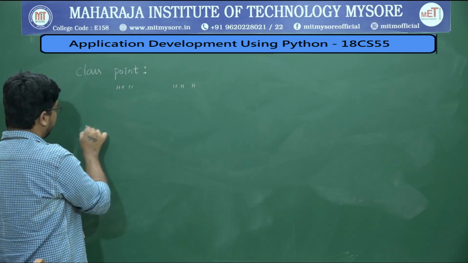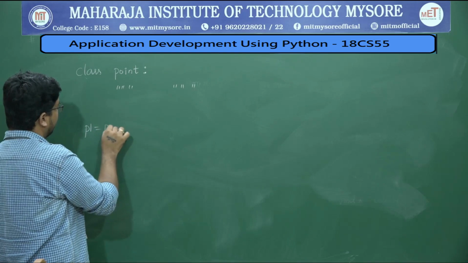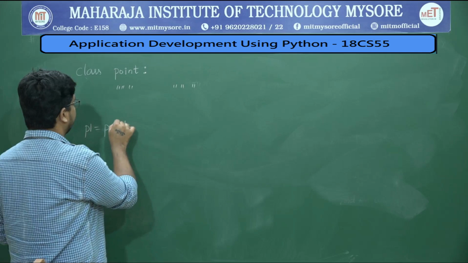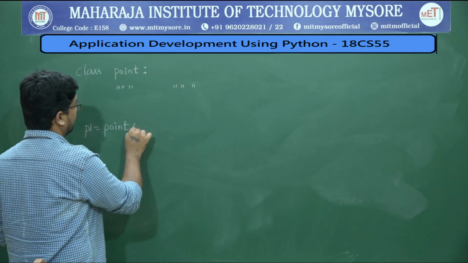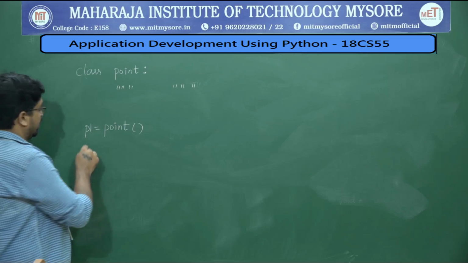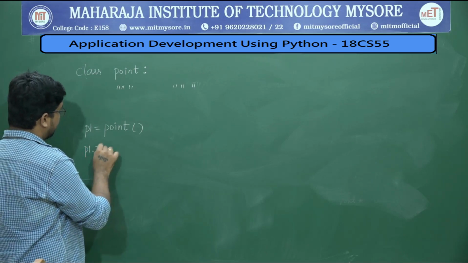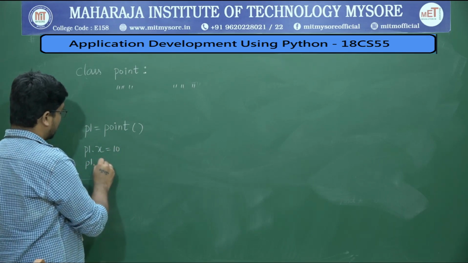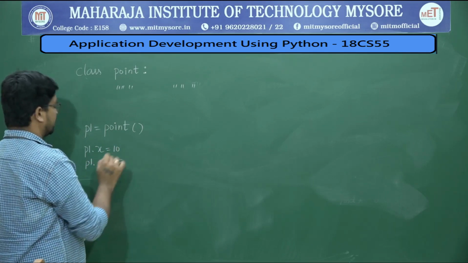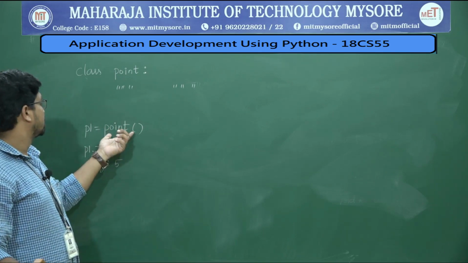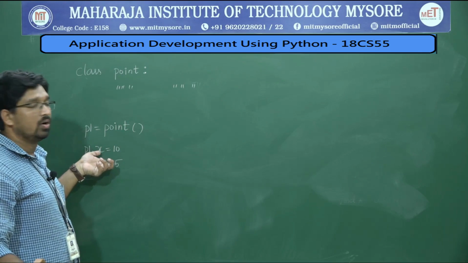If you want to create a P1 object, you can create a P1 object of point like this. And if you want to store some value, P1 dot x is equal to 10 and P1 dot y is equal to 5. So these are the two members of a point class. Point has two members, x and y.